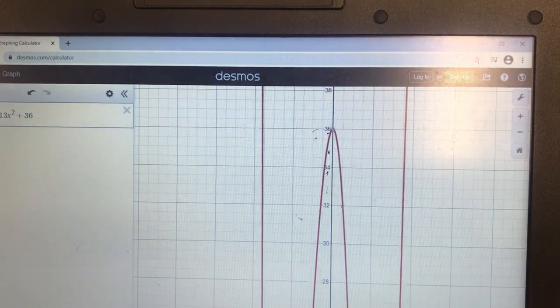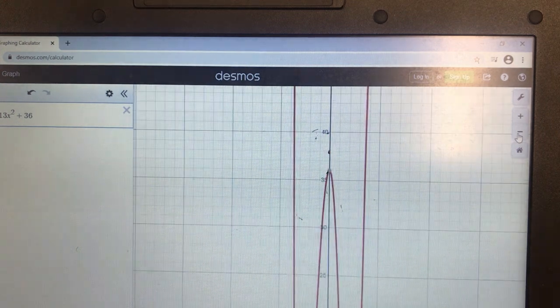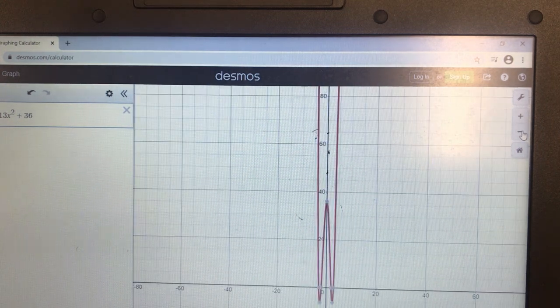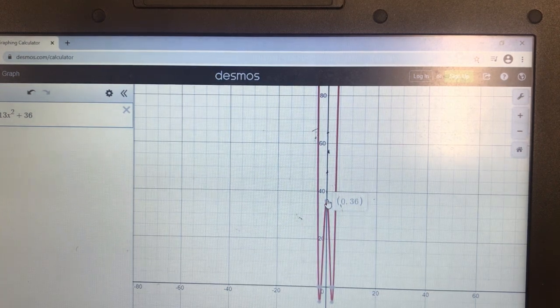What you can do is hit minus. I might should have just done that. Hit minus, and I could have brought it in like that, and maybe got to it easier. So just get on that point right there, and it occurs at 0 for x, and the maximum value is 36.